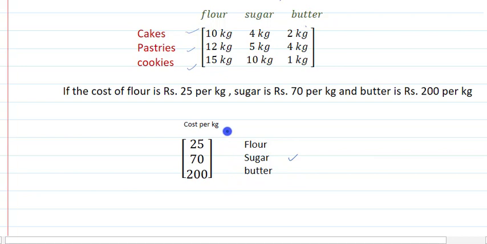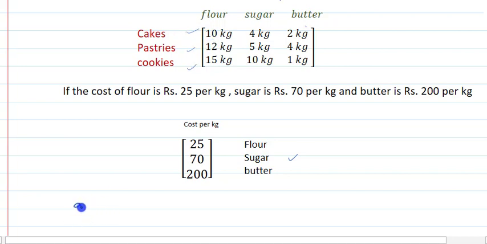Here the cost per kg I have written of flour as 25, sugar as 70 and butter as 200, which is given to us in the problem. Now we know that we can find the total cost spent on cakes by multiplying the per kg cost by the total kgs of flour, sugar and butter used for making cakes.